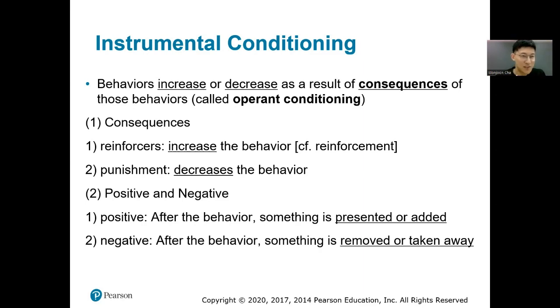It can be a little confusing, but just remember that reinforcers and punishment can either increase or decrease the behavior. We are going to use positive and negative, but positive doesn't mean something good, and negative doesn't mean something bad. It's purely a mathematical term in this case.